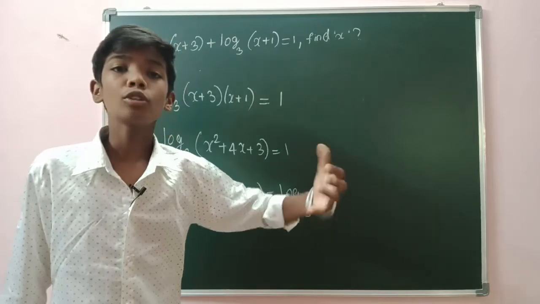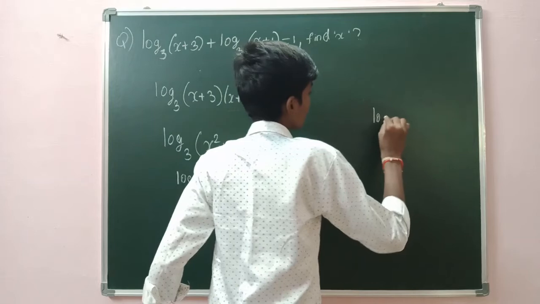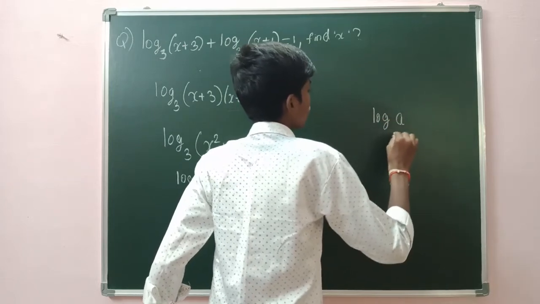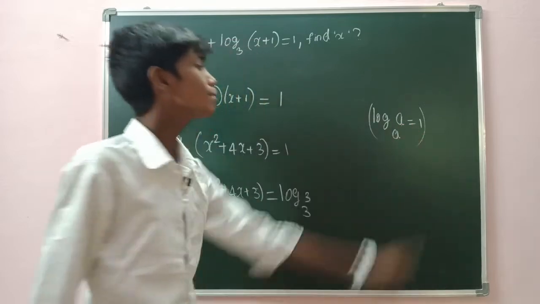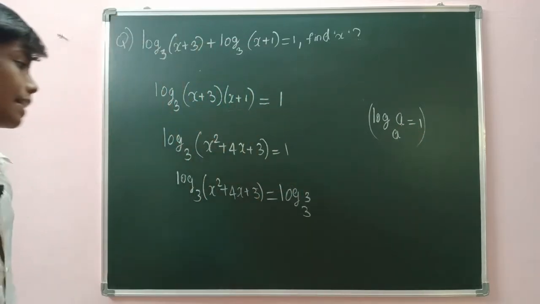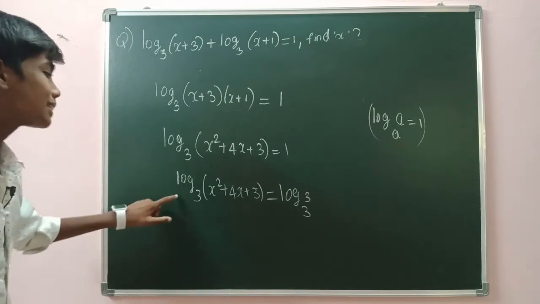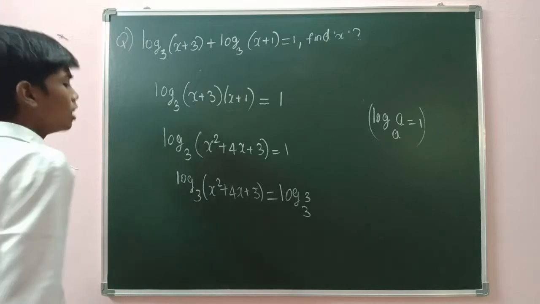Log of something to the base of the same thing will always give us 1. This is one of the important properties, never ever forget. Log of a to the base a will always give us 1. When the base and the inside value are the same, it will give us 1, because we know that a power 1 gives us a. Okay, so now as I have the same base, I can equate the logarithms.